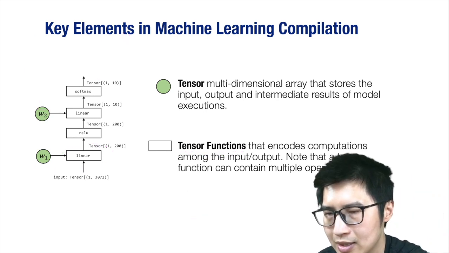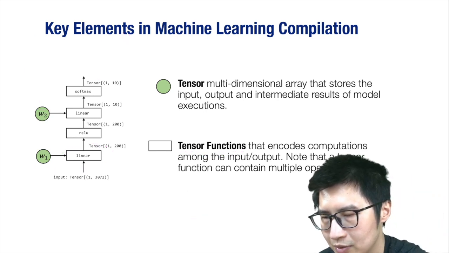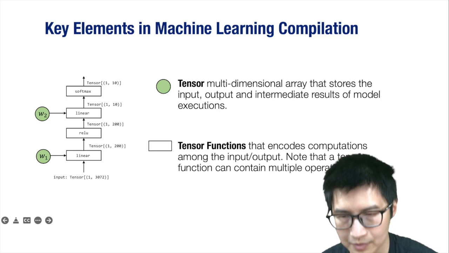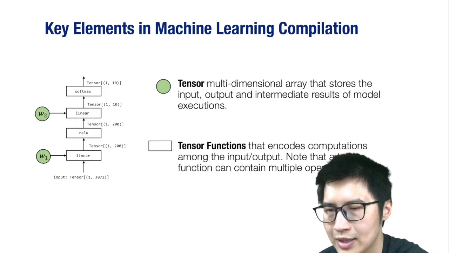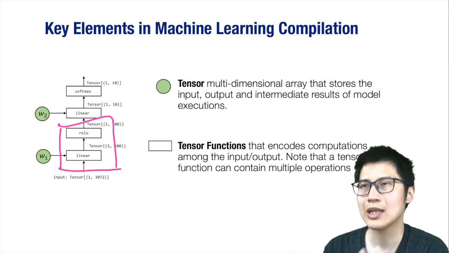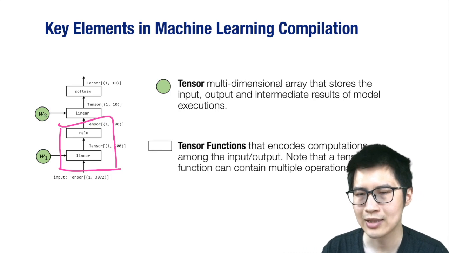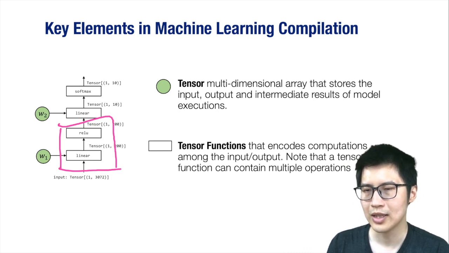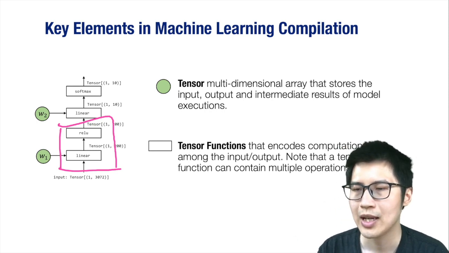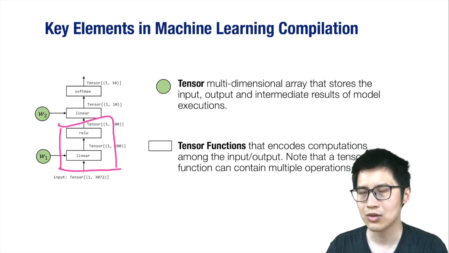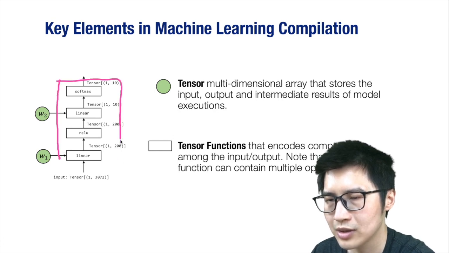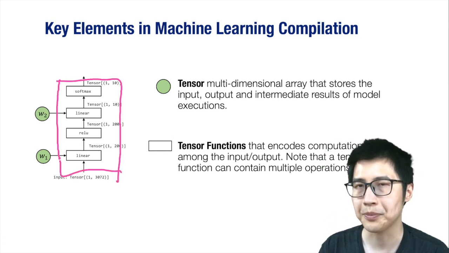For example, if we look at a subset of computations that contains two tensor operations, we can compose them together, and that's still a tensor function that runs the first operation, the linear projection, and applies a nonlinear activation, in this case a rectified linear unit, to that. The end-to-end execution of the model can also be viewed as a tensor function.